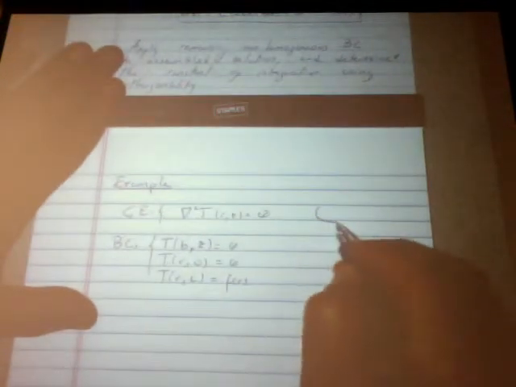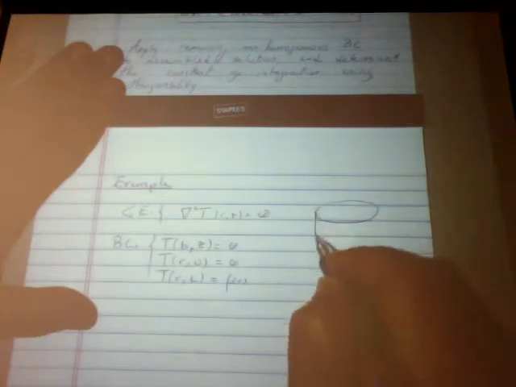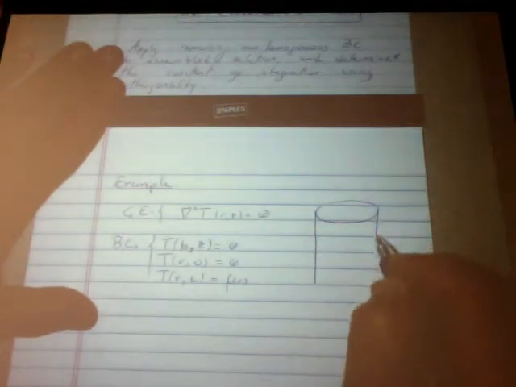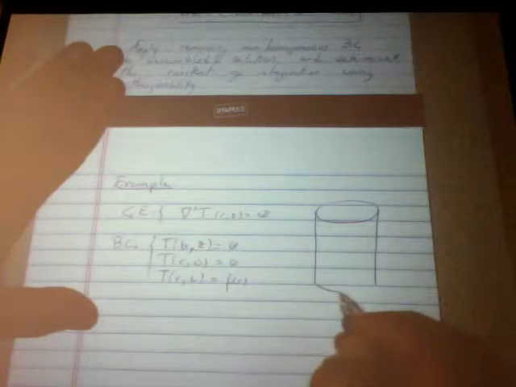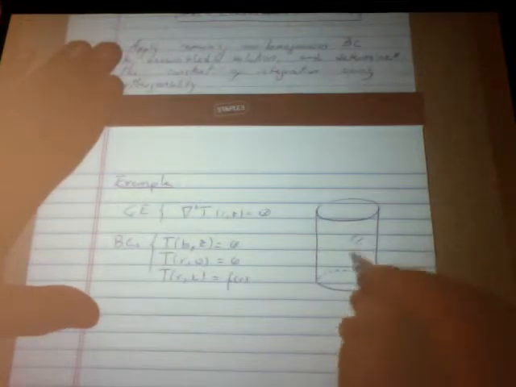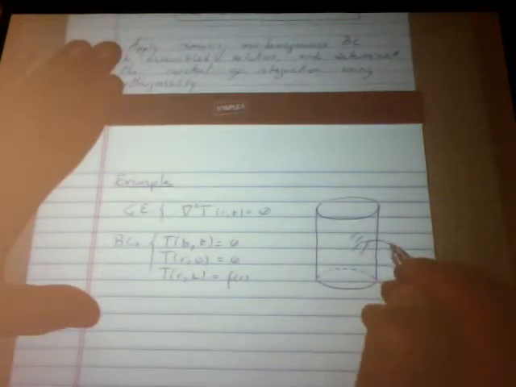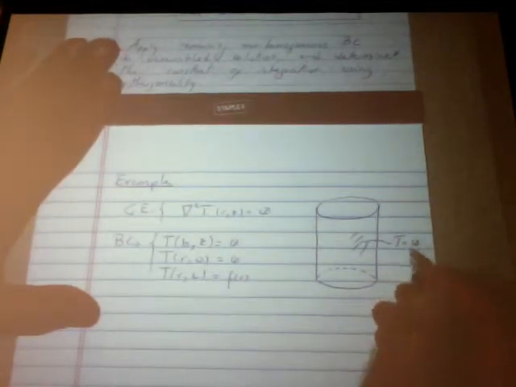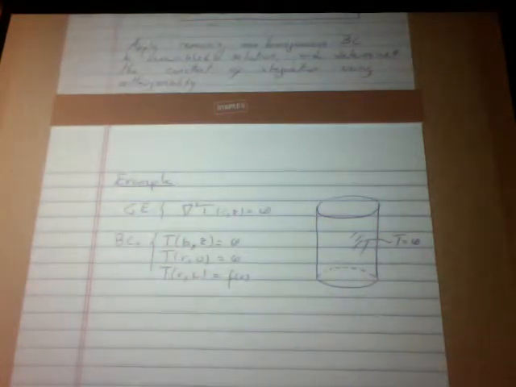So essentially we have a cylinder, and on the periphery we impose temperature equals 0, so it's a first kind boundary condition on the periphery.